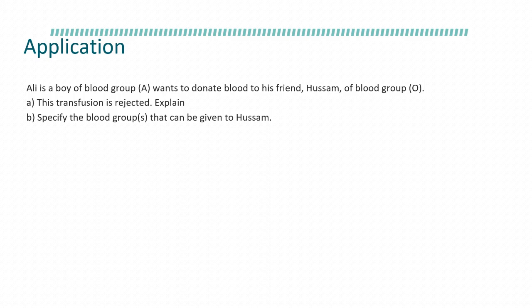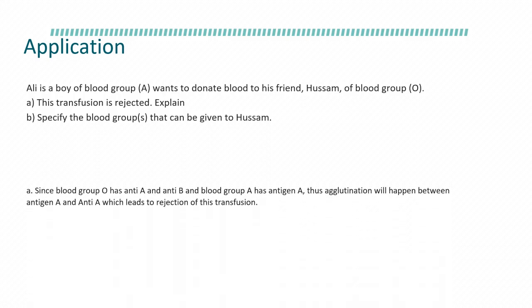So the answer is: since blood group O has anti-A and anti-B, and blood group A has antigen A, thus agglutination will happen between antigen A and anti-A, which leads to the rejection of this transfusion.